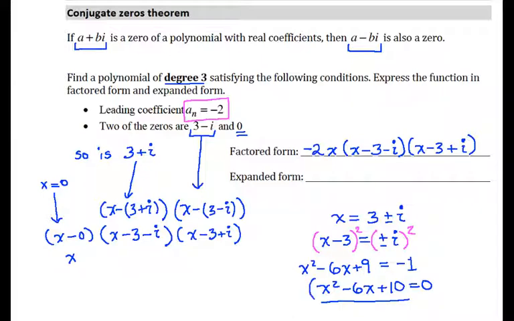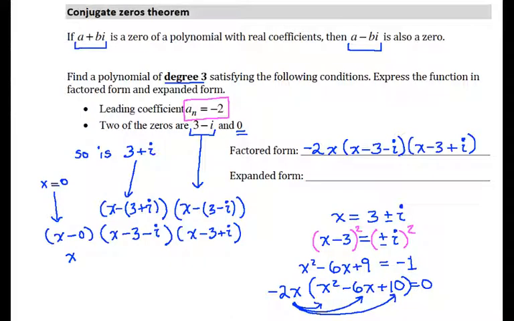So I can accept this now as one factor in my polynomial, and the other factor I already have. That's the -2x from above. So now all I have to do is distribute -2x into this polynomial, and I will get my fully expanded form, which I will go ahead and write up here.